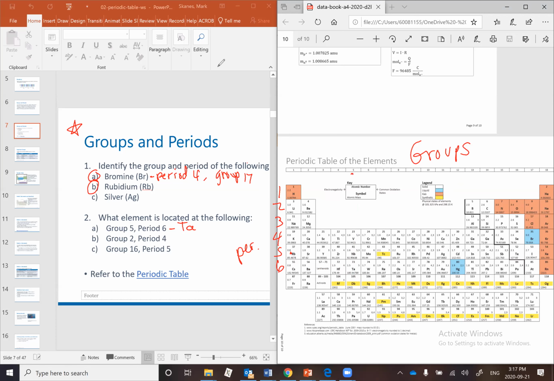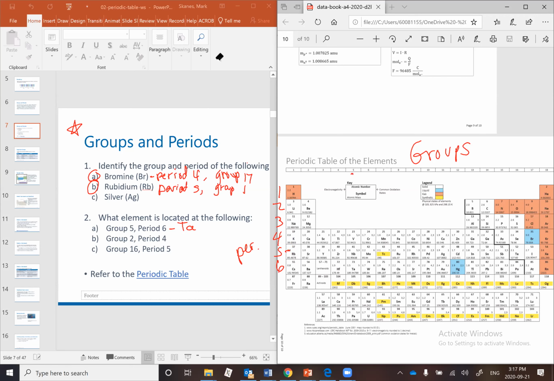I'll get rubidium and silver out of the way. So rubidium is right here. So rubidium is in the 5th period and the 1st group. So it will be in period 5 and group 1. Okay, RB.